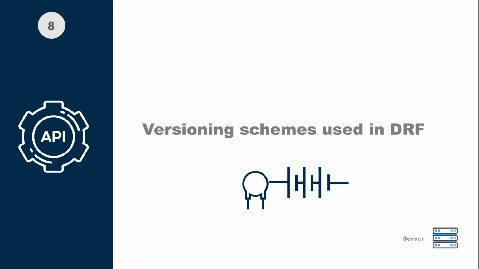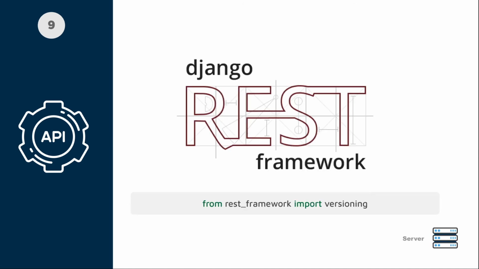So that's all as far as versioning, when we should version our REST API. So we'll be talking about how we can version in Django REST framework, but the same techniques apply to different frameworks. So we'll be looking at different versioning schemes that are used in Django REST framework, which is an application that runs under the Django framework.